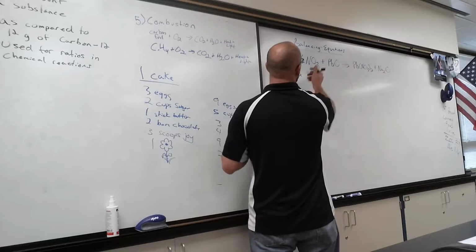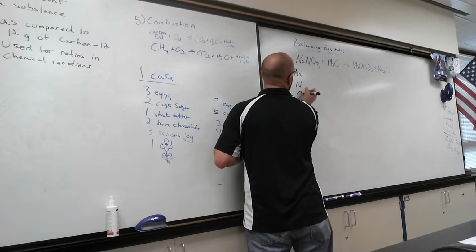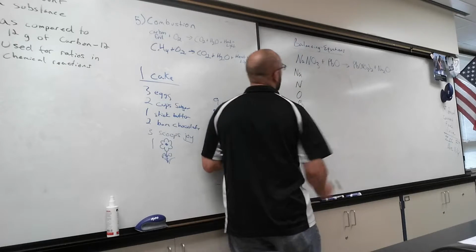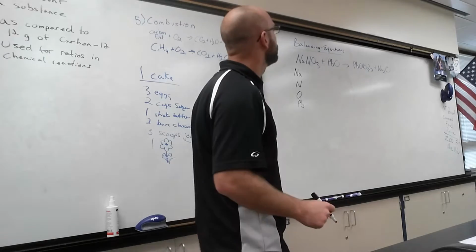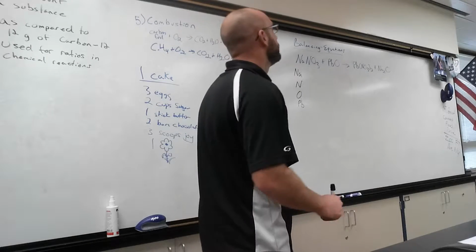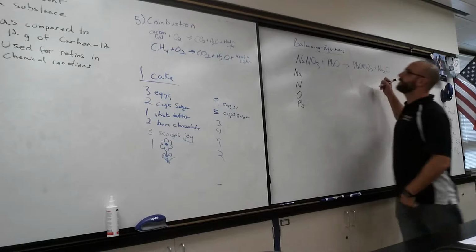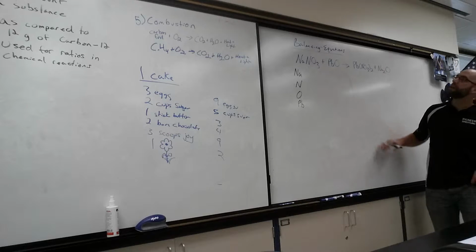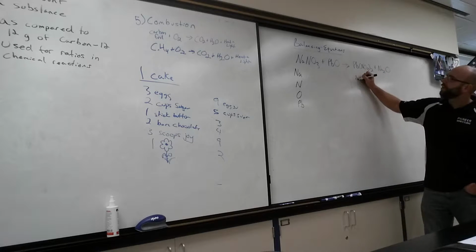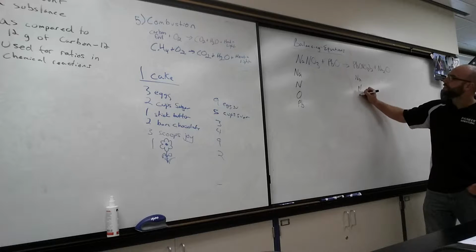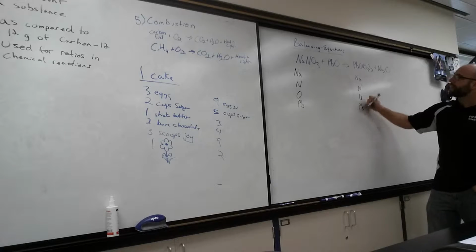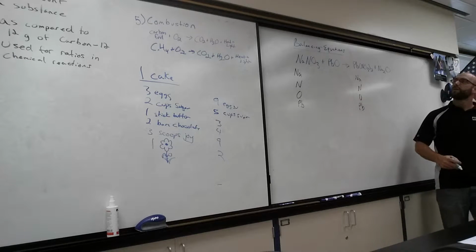All right, so sodium, nitrogen, oxygen, and lead are my 4 elements on this side of the equation. I like to write mine twice. I like to write them over here as well, in the same order. Na, N, O, Pb. Sodium, nitrogen, oxygen, lead.